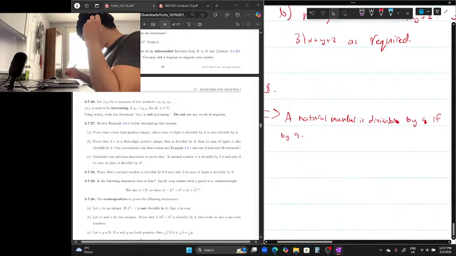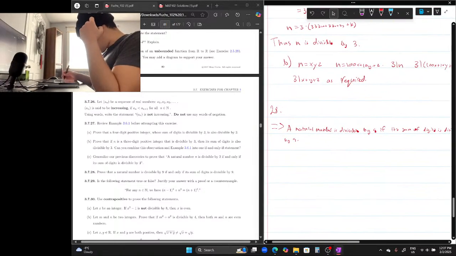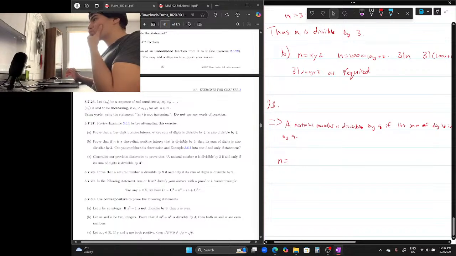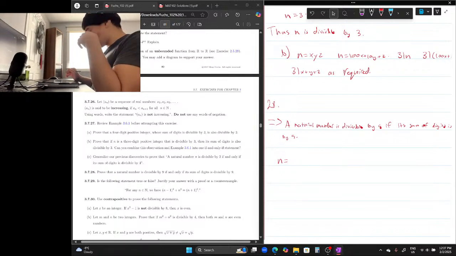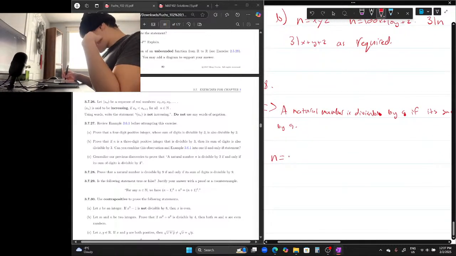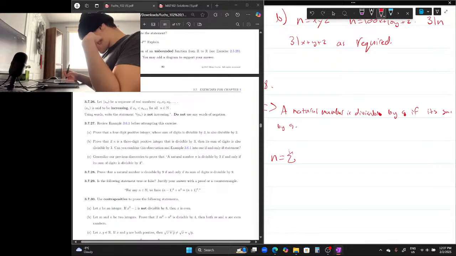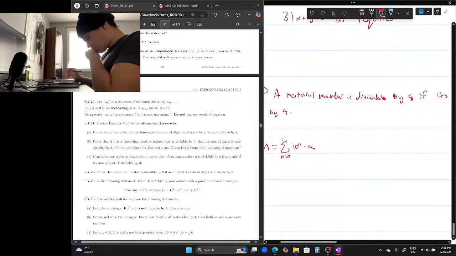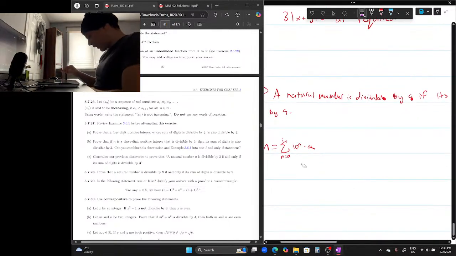Okay, so n is equal to the sum of its digits times powers of 10. We have to use this way because we don't really know the length of the number.